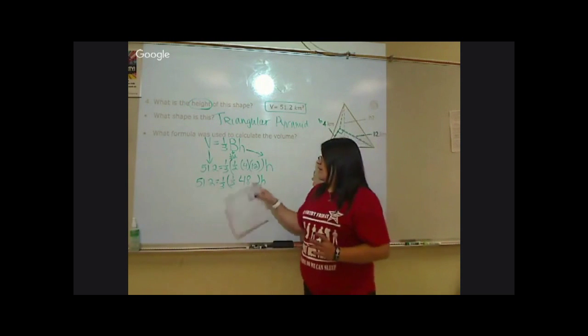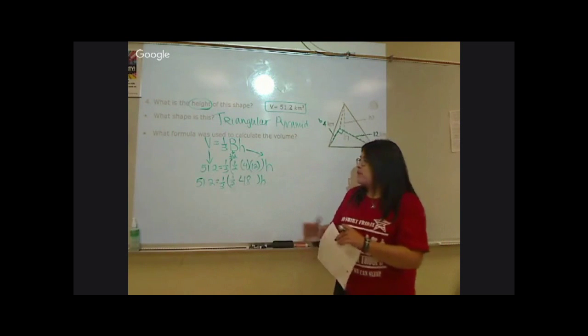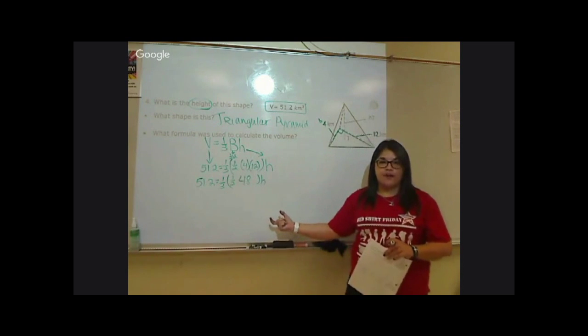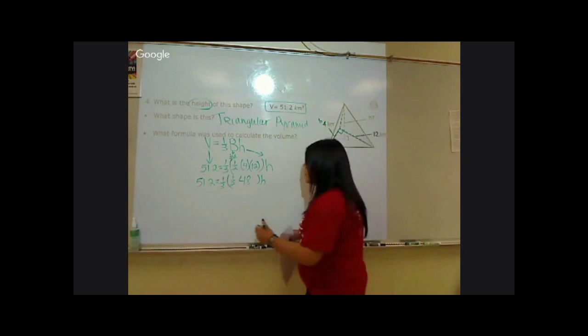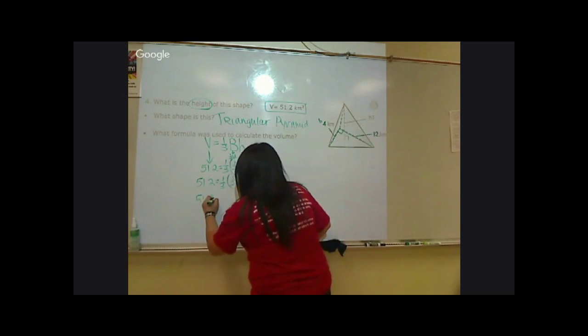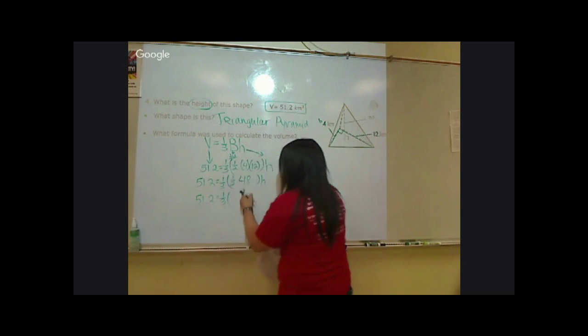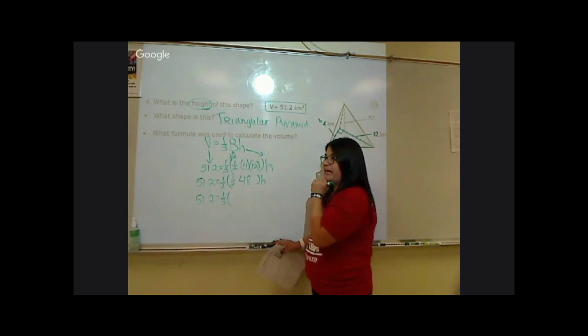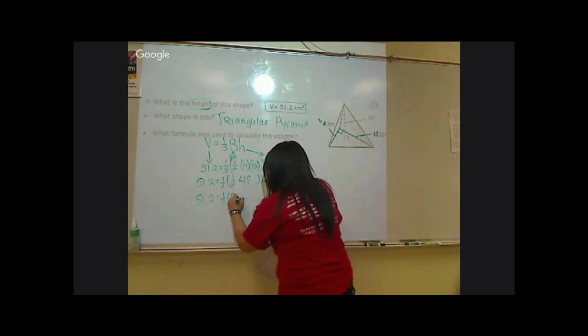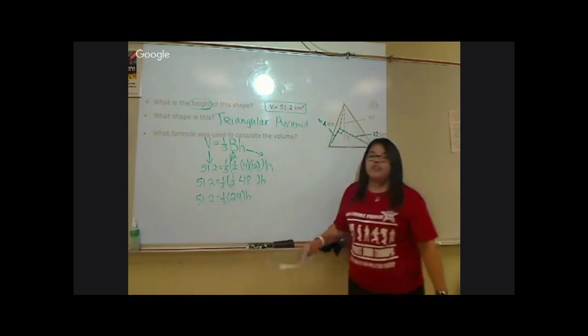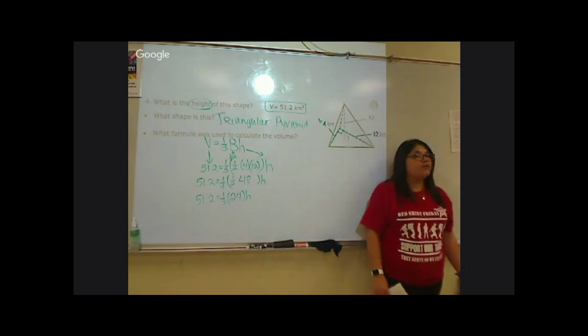Now, we did something inside our parentheses, but we still need to finish simplifying that. So I have 51.2 is equal to 1/3 of half of 48. What's half of 48? 24. And then that's still times the height of my pyramid that I don't know yet.